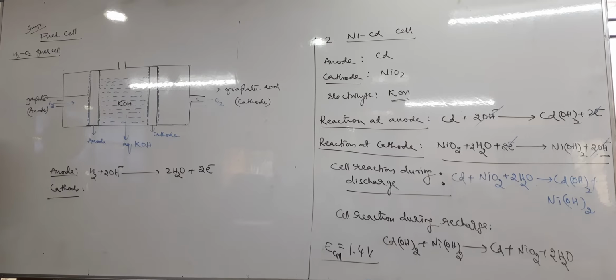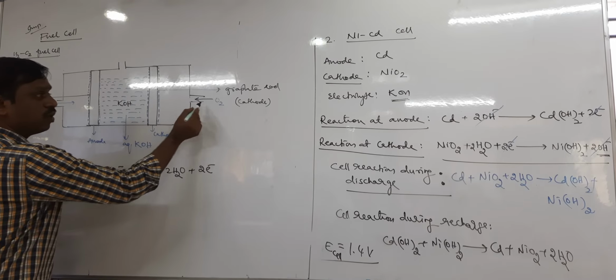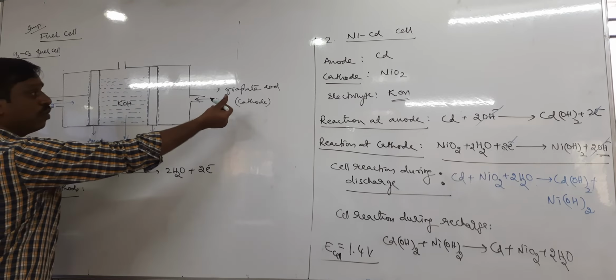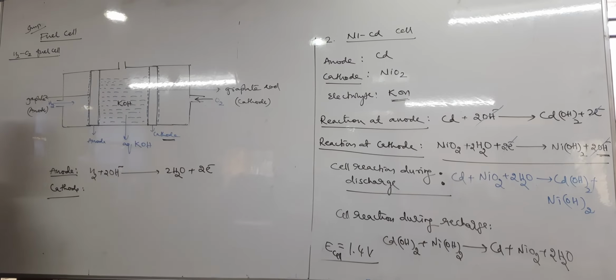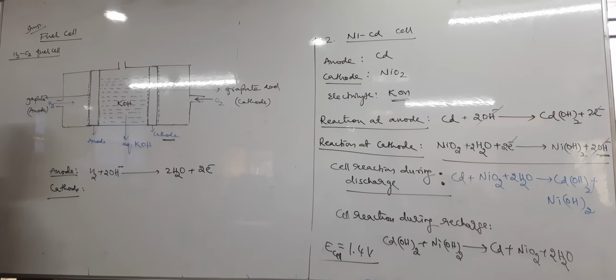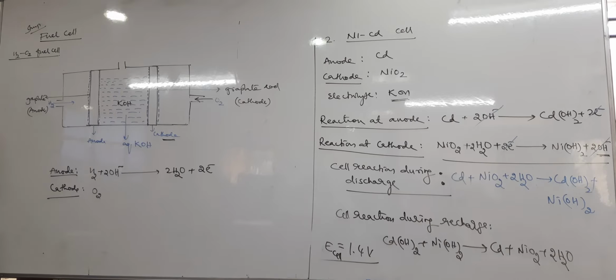Next, the cathode. Here oxygen gas is bubbled into the KOH through the cathode, so reduction takes place, and oxygen undergoes reduction.